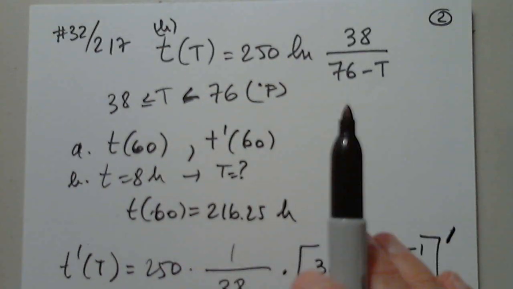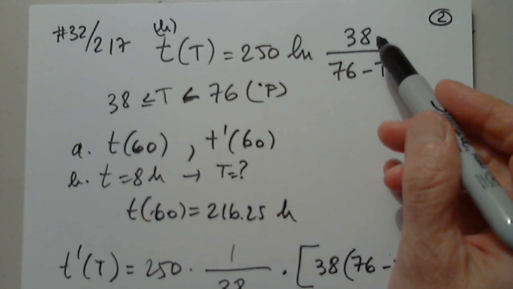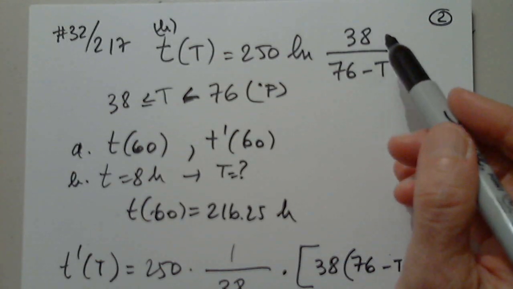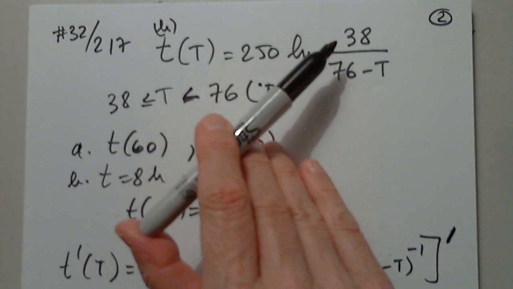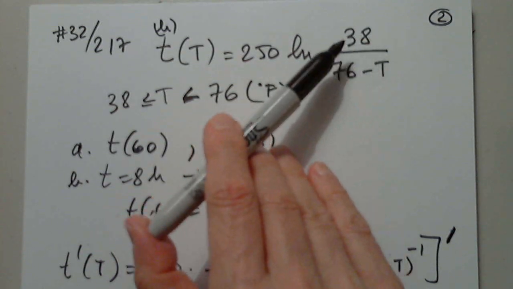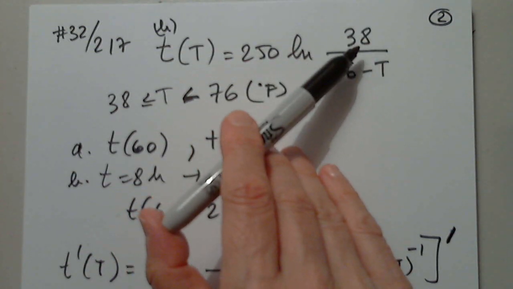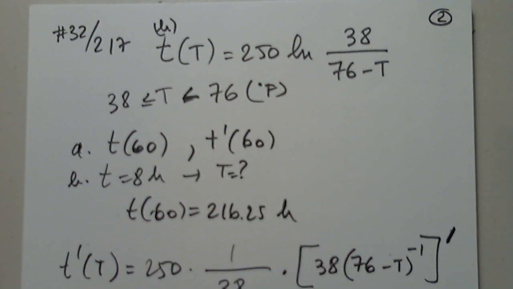I don't recommend differentiating using the quotient rule if there is no variable at the top. Can you? Sure. But you have to be very careful because when you differentiate 38, you get 0. So be careful how you do this with the quotient rule. I don't recommend it. But if you change it like this, which is the same thing, this will be easier.